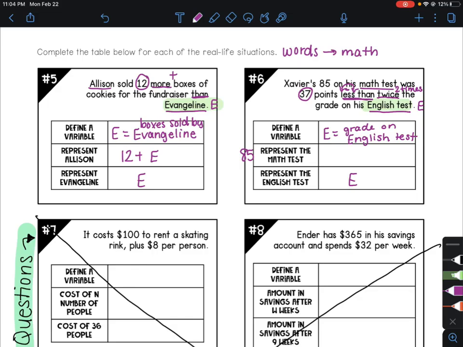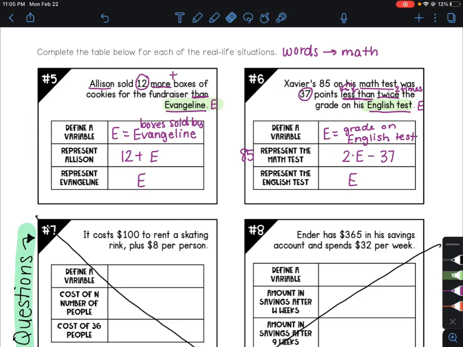Let's start at the end of that, twice the English test. If I wanted to say twice the English test, I would say 2 times E. And now we want 37 points less than that. So we don't want 37 minus, we want to flip it around, and it would be 2E minus 37. You could also write this without the dot if you wanted to.